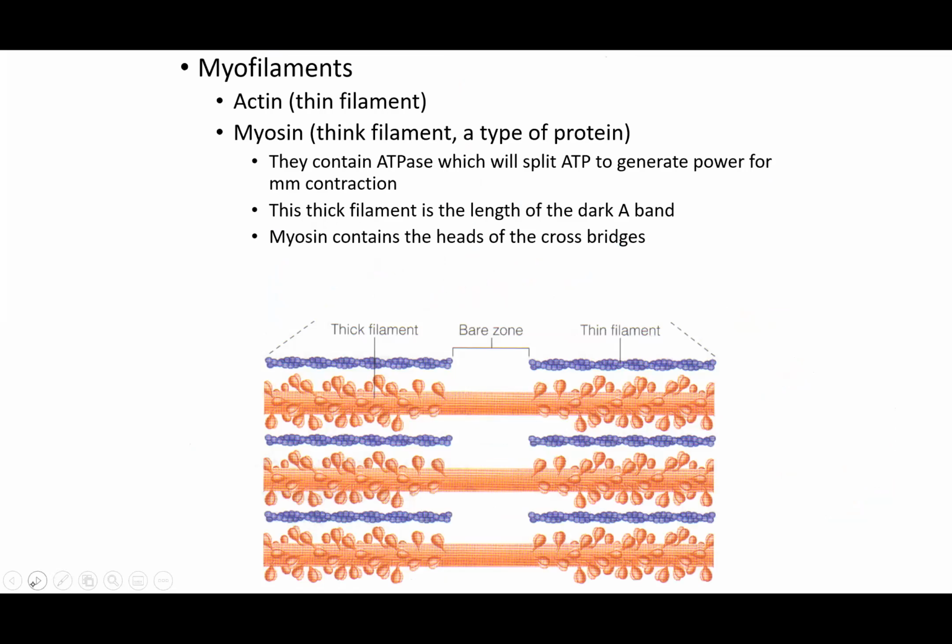Okay, here it is there. Actin is the thin, myosin is the thick. They are protein. They contain the ATPase, which helps split off the ATP to generate power for the muscle contraction.